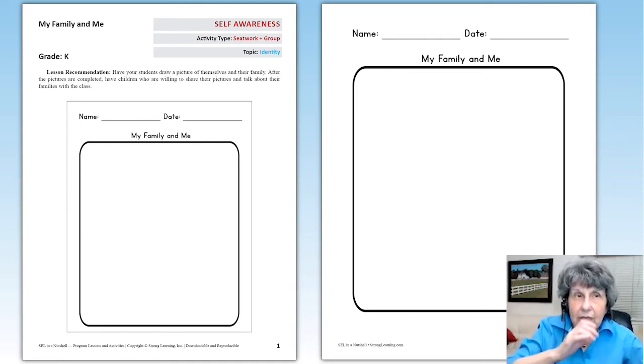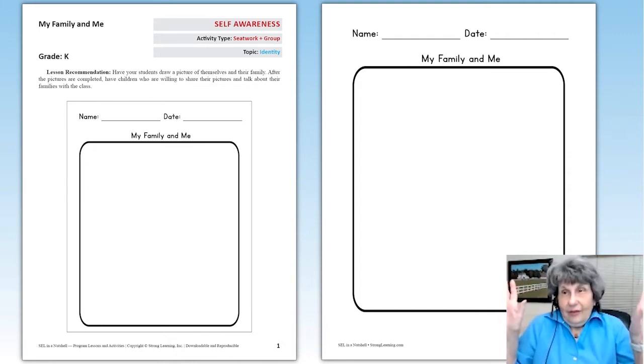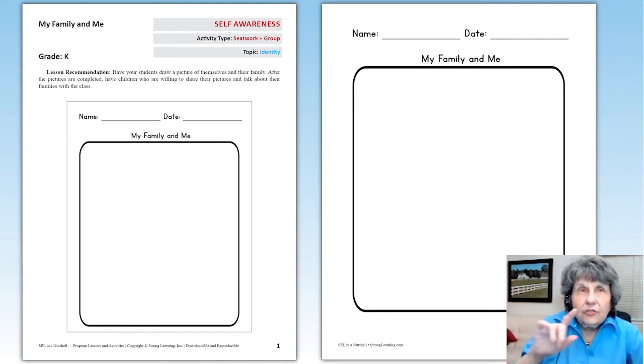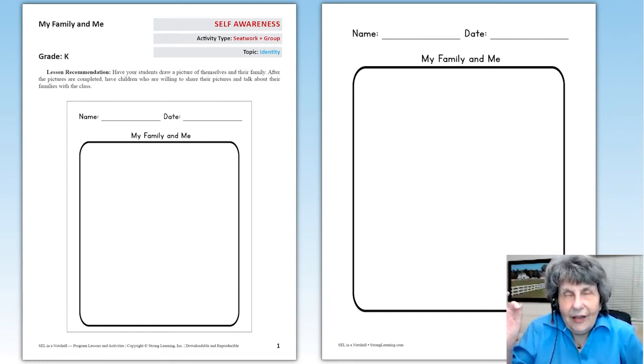And the teacher's guide is attached right to the lesson, because I remember teaching and running for that teacher's guide, and then you can't find the page. It's a nightmare. So I literally attached everything. If you look here, it tells you up on the top, this is a kindergartner. And I've had people say, but to draw a picture of your family and me, that is so simple.